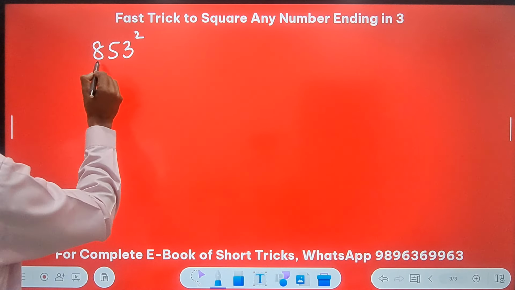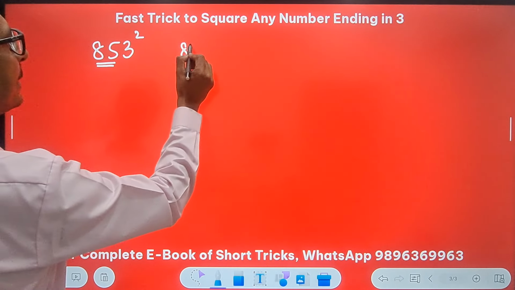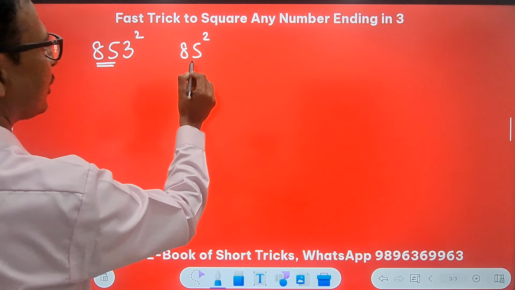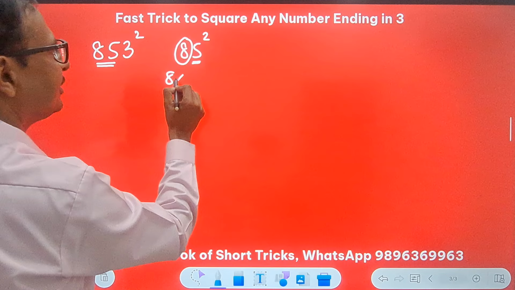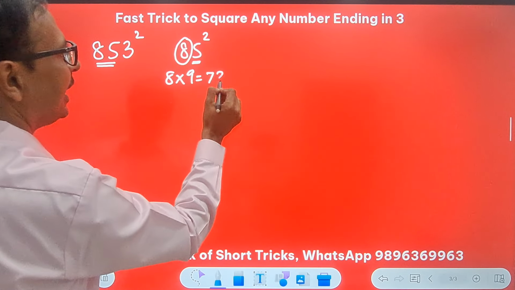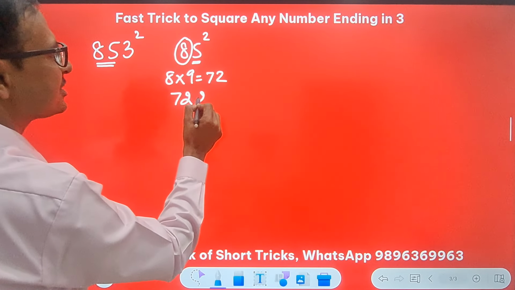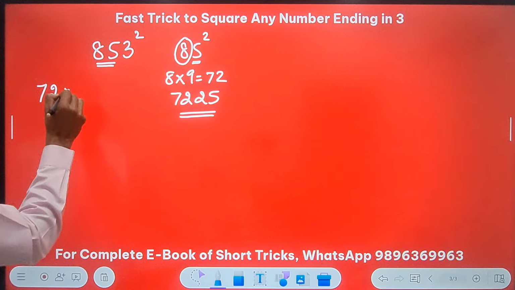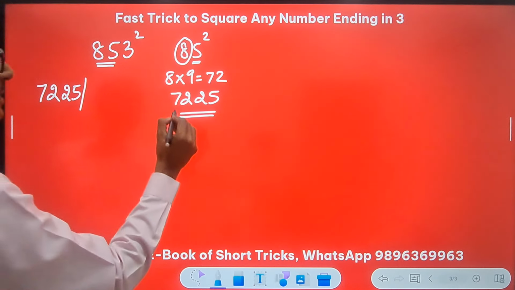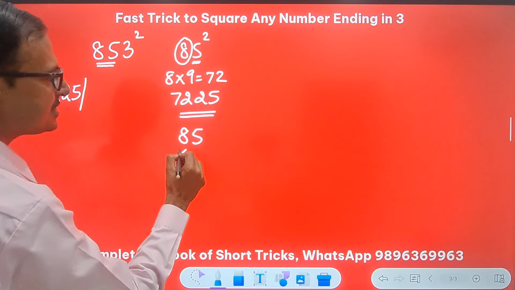853 square. So I need 85 square now, and I know the square of any number ending in 5. 8 times 9 is 72, and this 72 has to be suffixed by 25. Any number ending in 5, the square will end in 25. So 7225 is the square of 85, which forms the first part. The second part is 85 times 6.